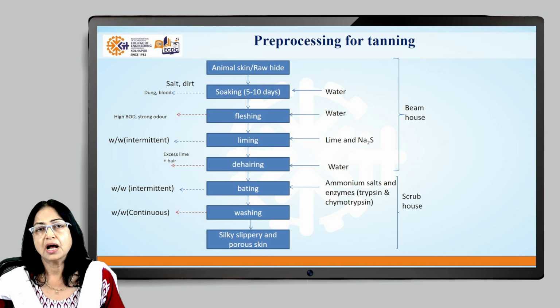Now this is very hard skin coated with lots of salt for preservation. So the first process is soaking the skin in water for up to 5 to 10 days. This results in removal of salt as well as softening of skin.